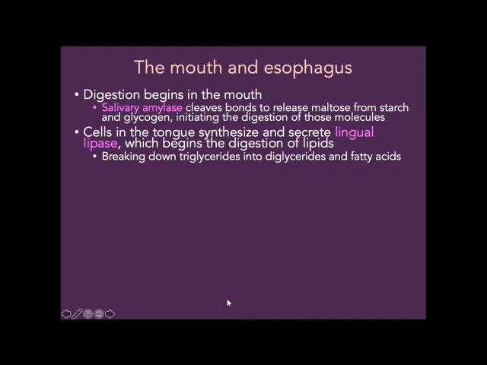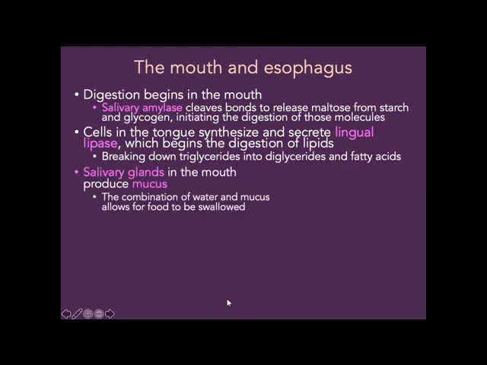So do you remember from 1113, what's a triglyceride? Oh, that's a fat where it's like a glycerol and 3 fatty acids. Yep. So that's a triglyceride. So that will get broken down into a diglyceride and fatty acids.